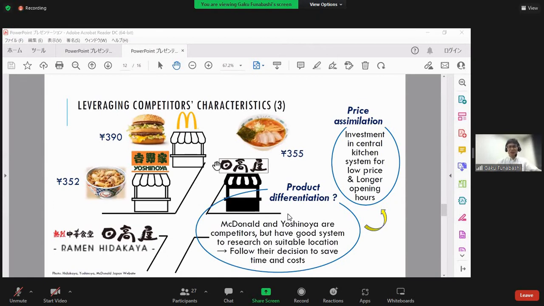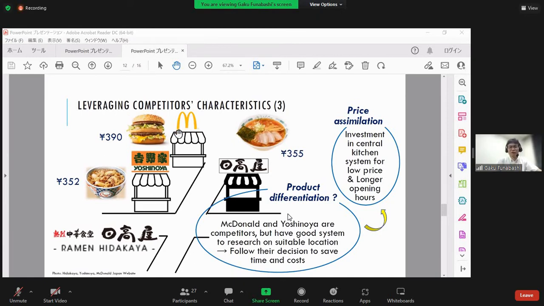So Hidakaya imitates their system for finding the suitable location for the new shop and comes to the same area to take some of their customers. But even for McDonald's and Yoshinoya, maybe by having Hidakaya, they can have more customers because more and more people come.